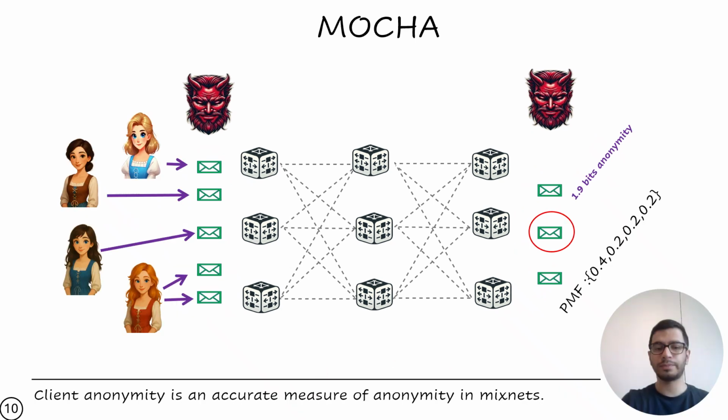To resolve this issue, MOCHA suggested using client anonymity instead. So we again consider this global network adversary who corrupts all parts of the mixnet, or let's say not the mixnet, but on the internet, all the connections will be corrupted by this adversary.